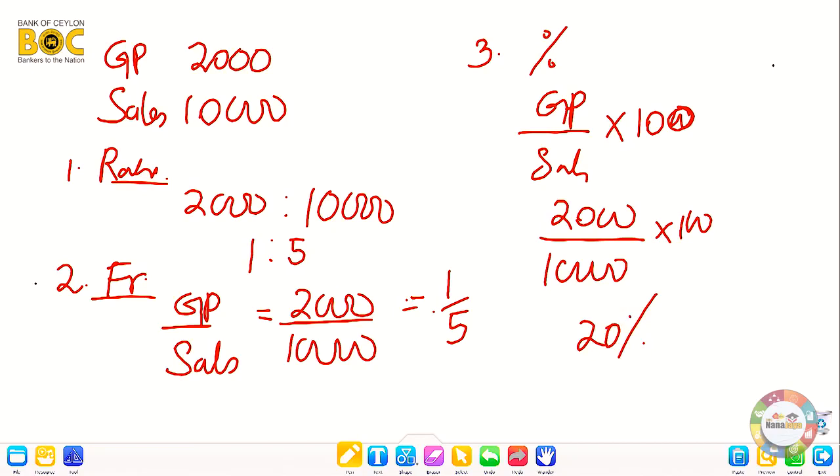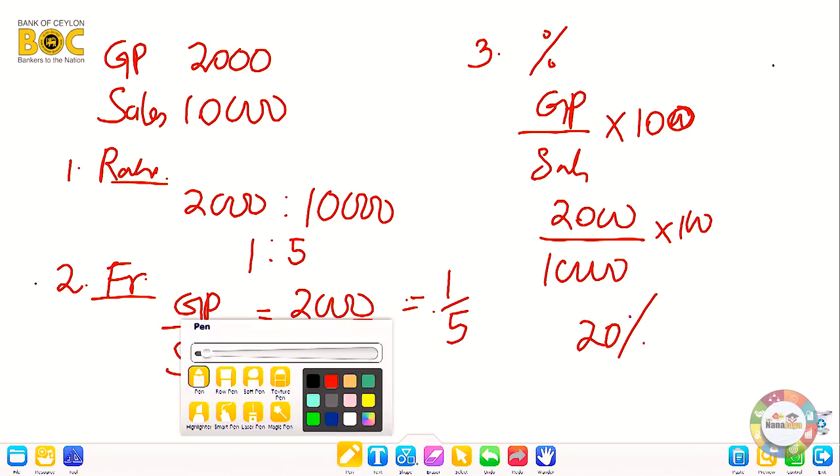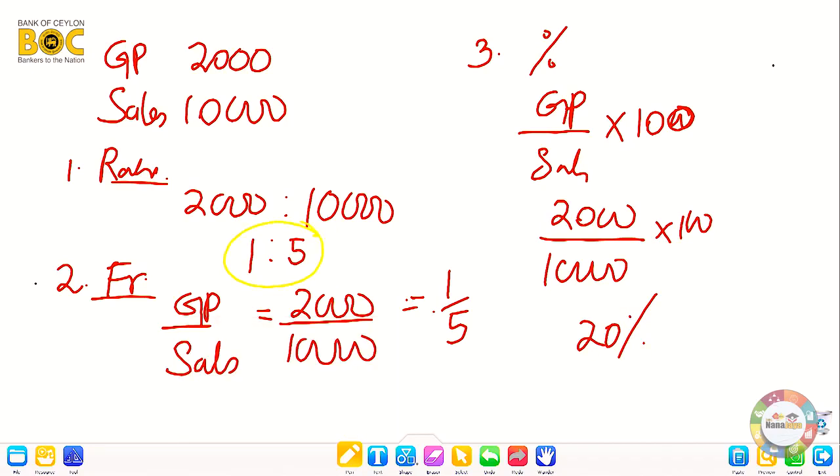These are the methods you can present your ratios. You can show it as a ratio, as a fraction, as a percentage.